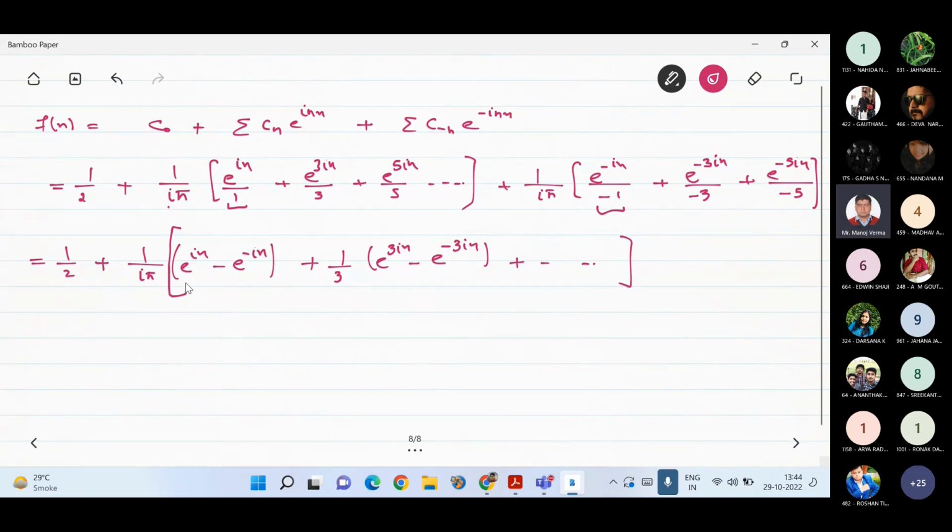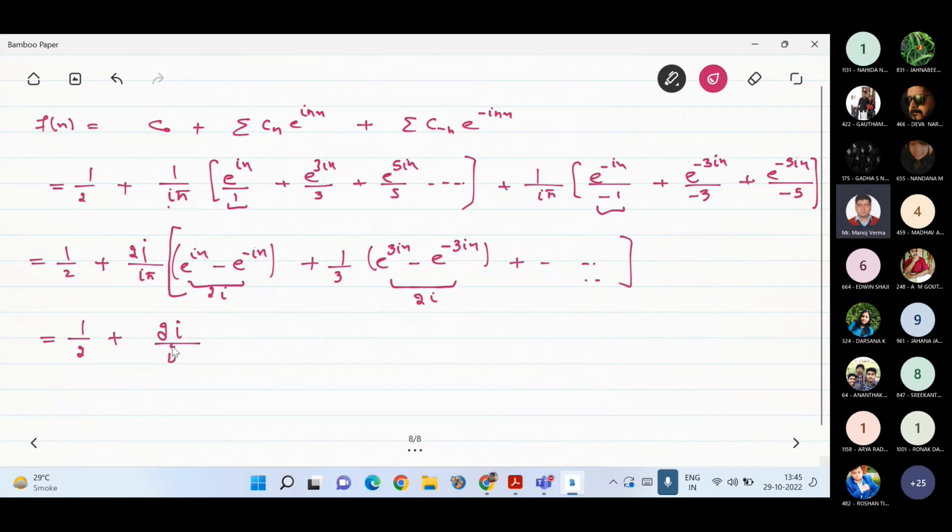Okay, so this I can see, these are nothing but the expressions for sin x. So it will be 1 by 2 plus, I am multiplying and dividing with 2i. I am multiplying by 2i and dividing each term inside by 2i, so that this whole term will become sin x.